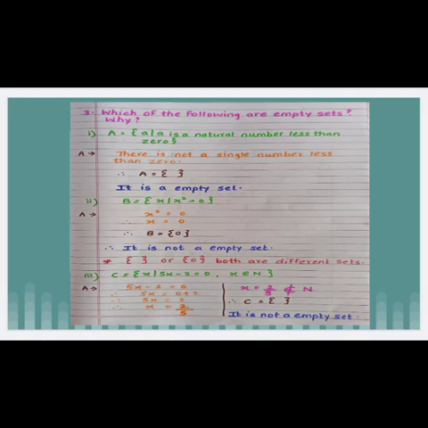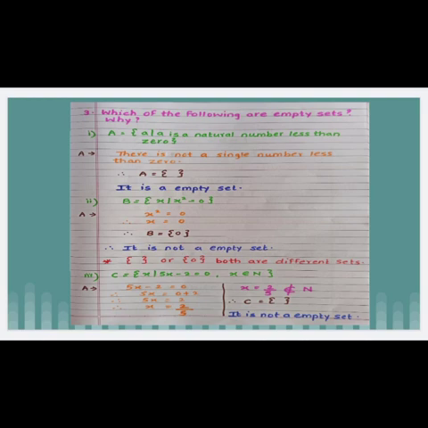Therefore x is equal to, this 5 shifted to opposite side, it comes under denominator. Hence we got x is equal to 2 upon 5. It is a fraction, but they given the condition it should be a natural number, but 2 upon 5 does not belong to natural numbers.